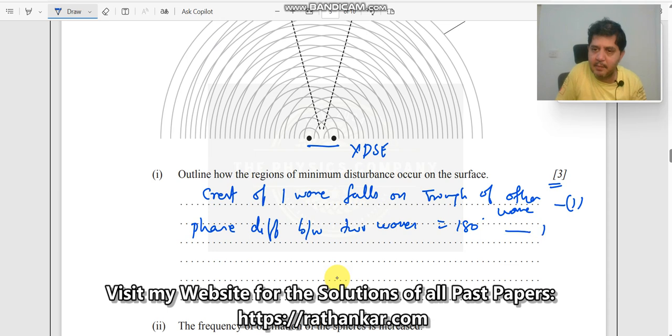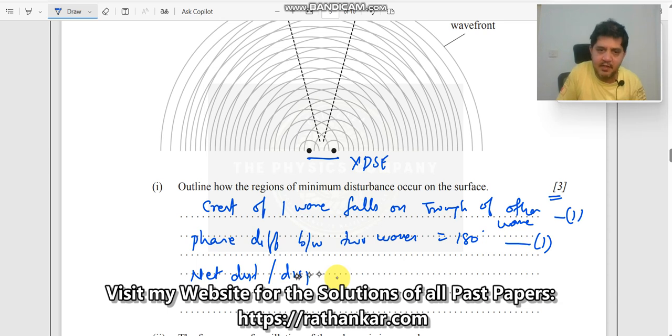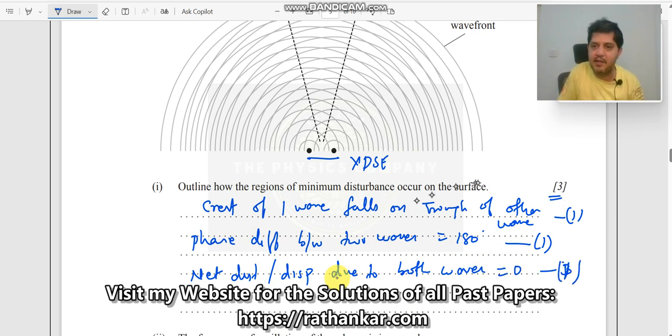So you get 1 more mark here. The third is that the net disturbance, or net displacement, the resultant displacement due to both waves, is equal to 0. If you write these 3 points, then definitely you will get 3 marks.